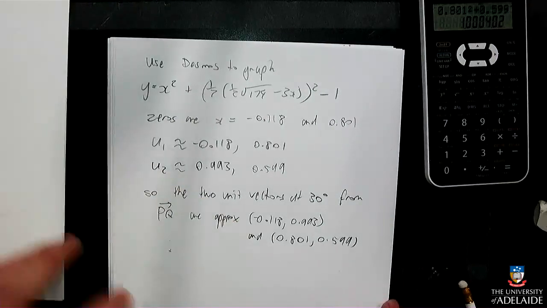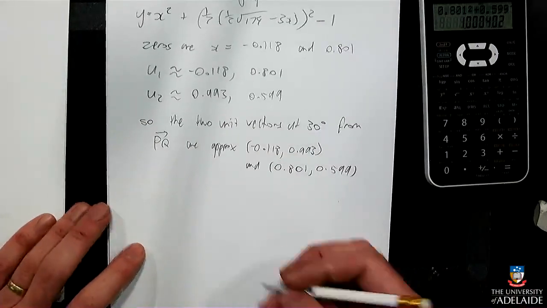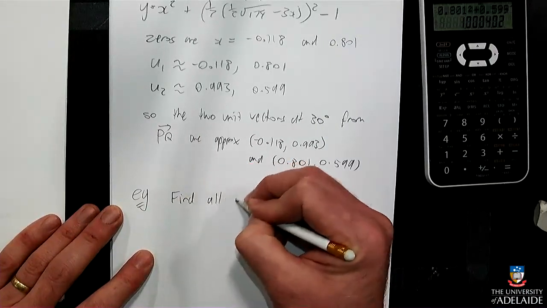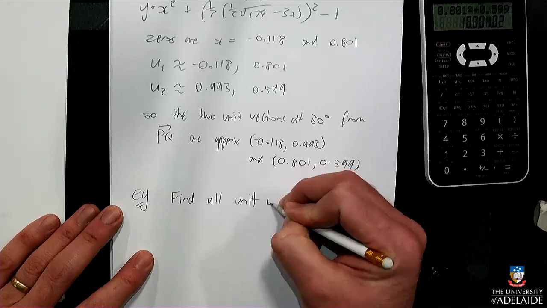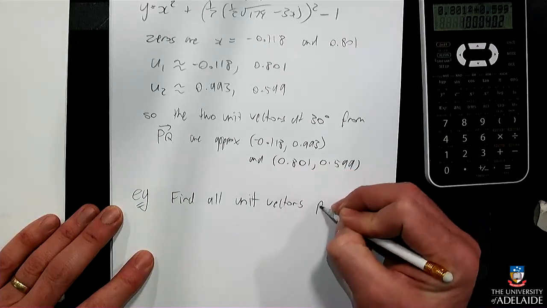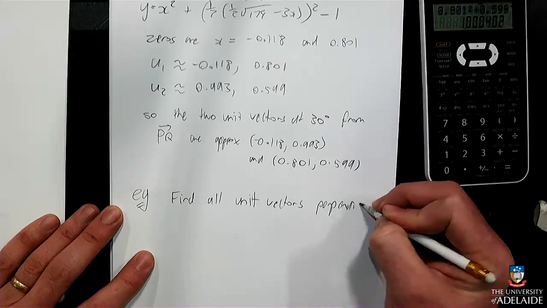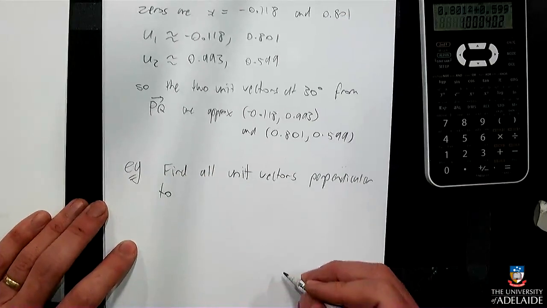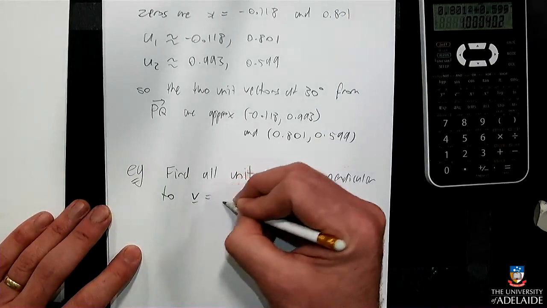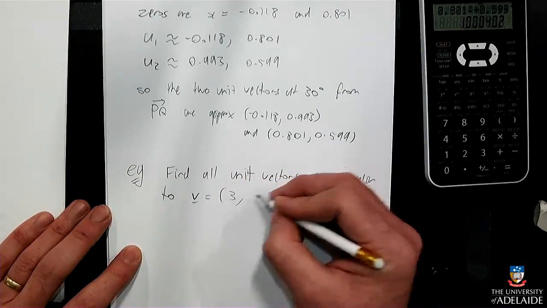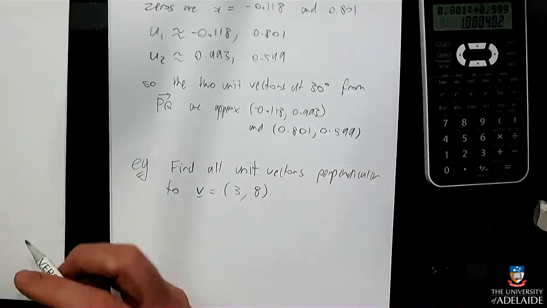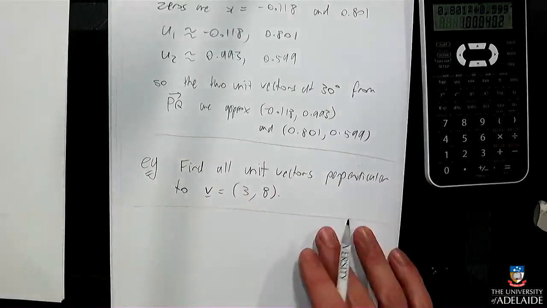Find all unit vectors perpendicular to v, which is going to be (3, 8). Okay, this one's going to be quicker.